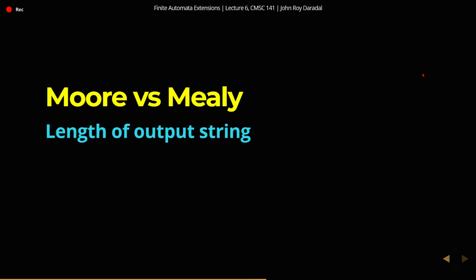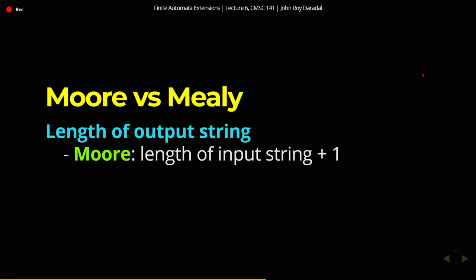You'll notice that there's a difference in the length of the output string for Moore and Mealy machines, right? For the Moore machines, if the length of your input string is, let's say, 3, the output string would be 3 plus 1 or 4.